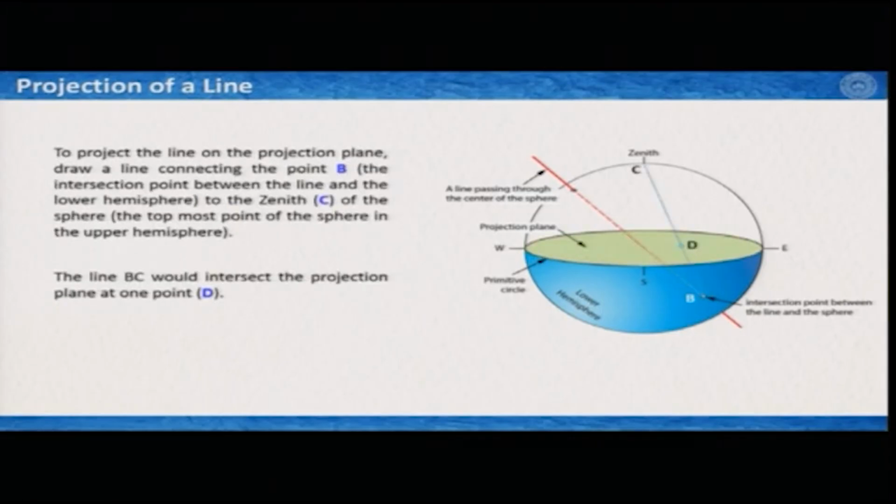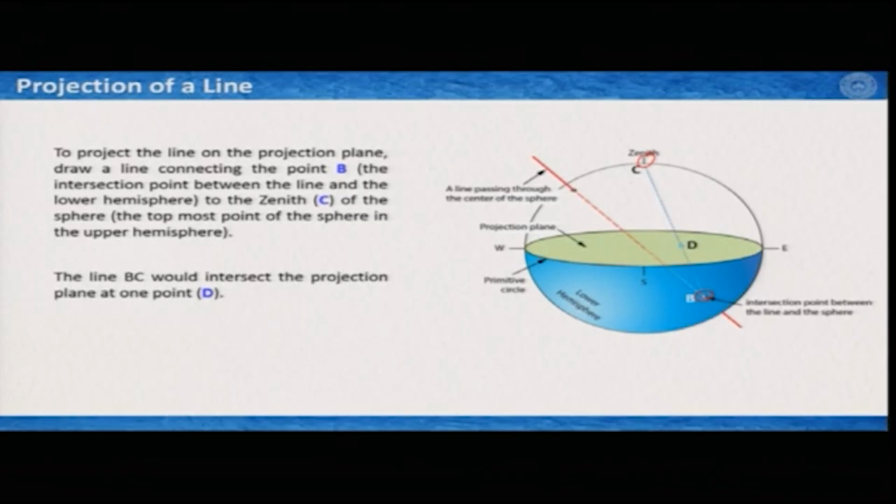Now, to project this line on this primitive circle, the task is to draw a line connecting the zenith of the sphere, which is the point C here, and the point B, that is the intersection point between the line we are concerned with and the sphere.